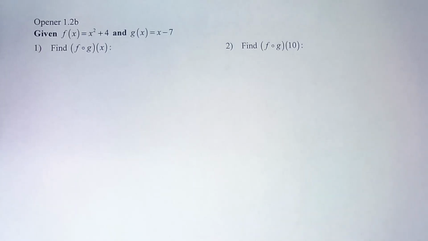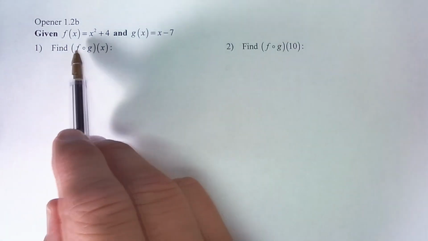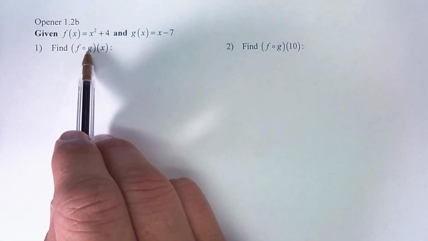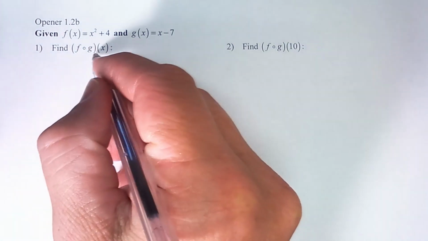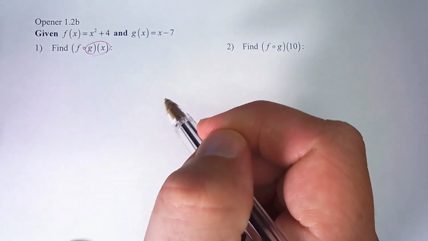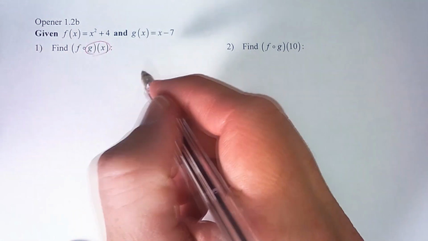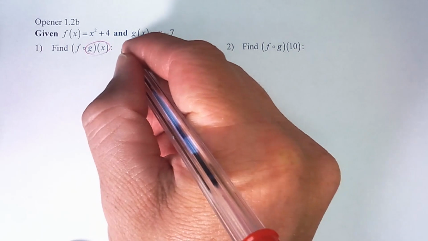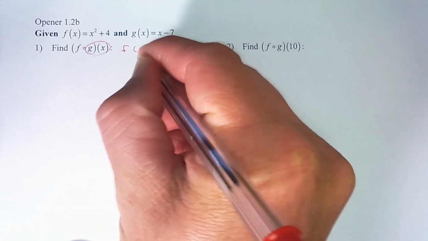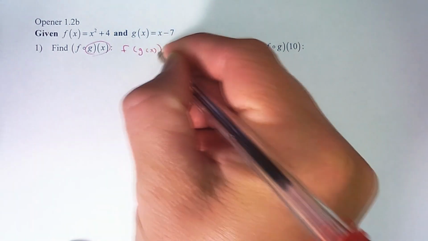Let's begin this lesson with a little review of taking a function of a function. So here we are looking for f of g of x, which means I'm going to take this inner function here and put it into the outer function. Now this also could be written as f of g of x.